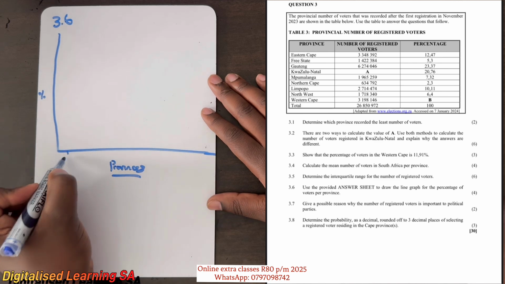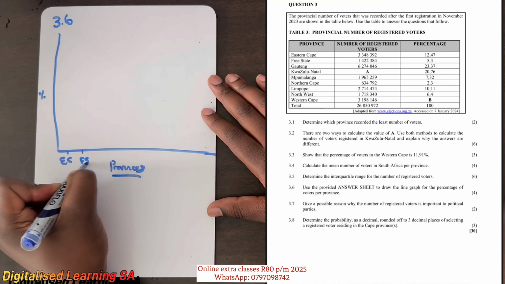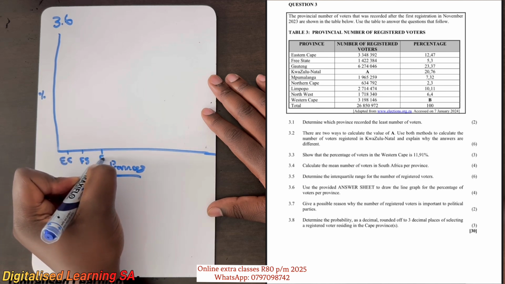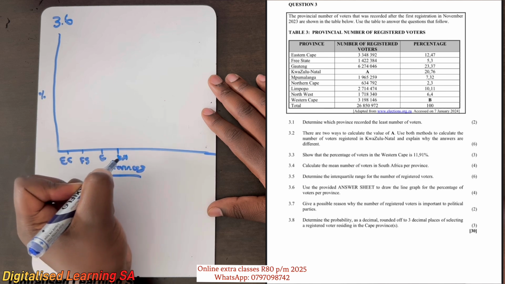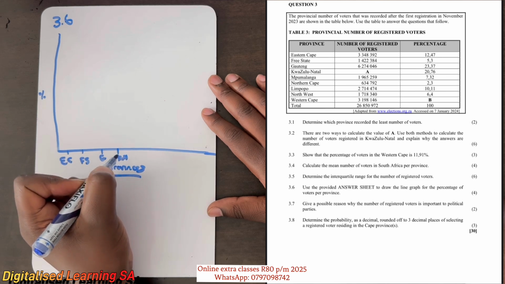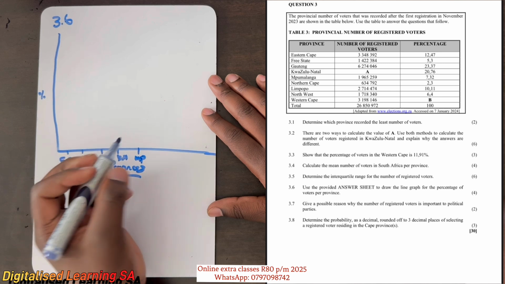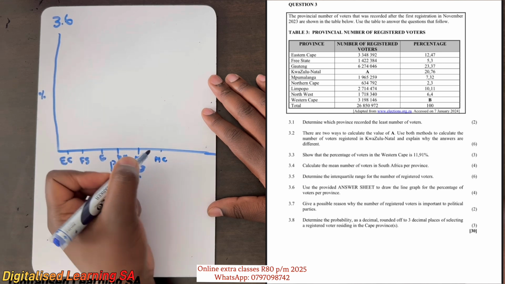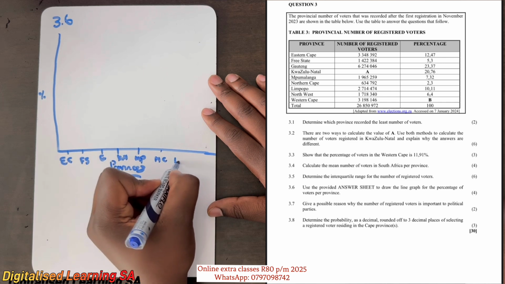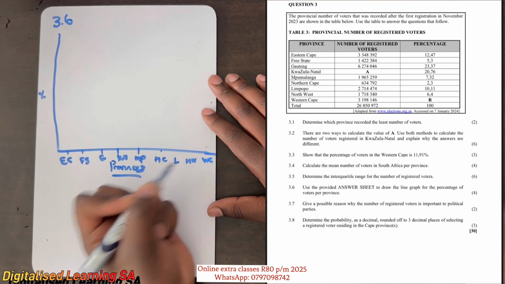So we'll start with Eastern Cape, then Free State, then Gauteng, then KwaZulu-Natal, then Mpumalanga, then Northern Cape, then Limpopo, Northwest, and Western Cape.